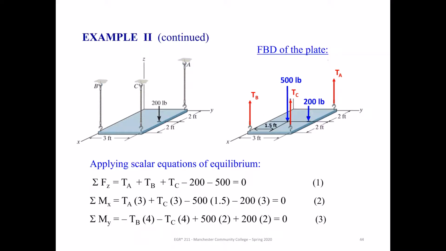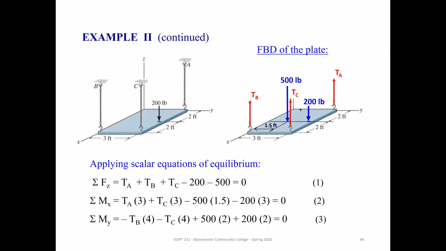So we just go over by 1.5 times 500. And if you notice, looking from this direction, this is going to cause a clockwise rotation about the x-axis. Okay, so that's this 500. That's what this is, and it's negative because it's clockwise. The 200, also, this is acting at 3 feet, and this one is also clockwise.